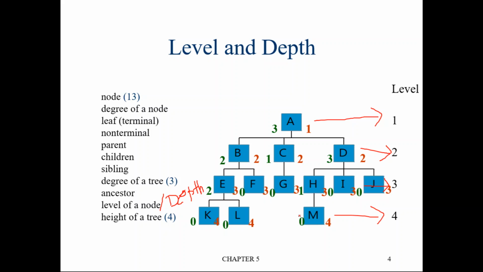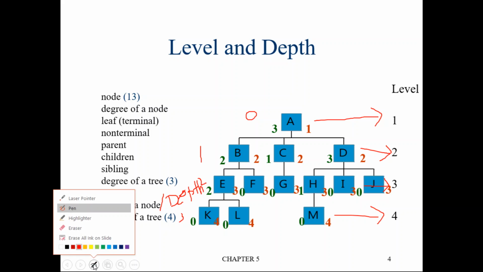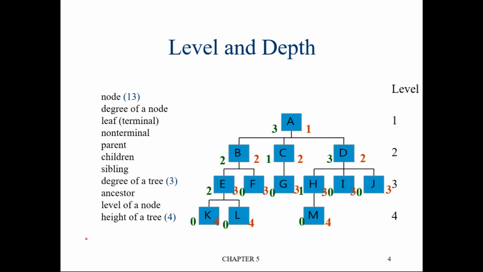But in some books they may call the level corresponding to the root node 0. In that case, B, C, and D will come under level 1, the next E, F, G, H, I, J will come under level 2, and the next will come under level 3. It all depends; it can vary. So when you are asked a question, you may be told to assume the root node as level 0, if the leveling starts from 0.